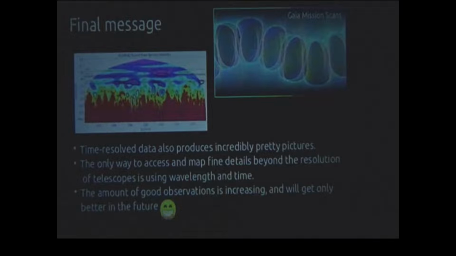And this thing here, that is also very nice, is actually the scans from the Gaia mission that is measuring the distance of the stars by making essentially super thin scans over the sky, repeated over and over again to be able to measure the position of every star with respect to every other object. And that's a way it's mapping the sky.